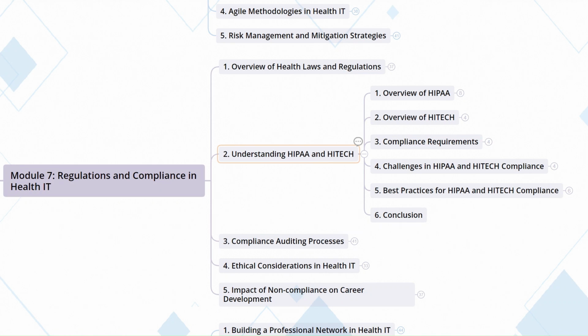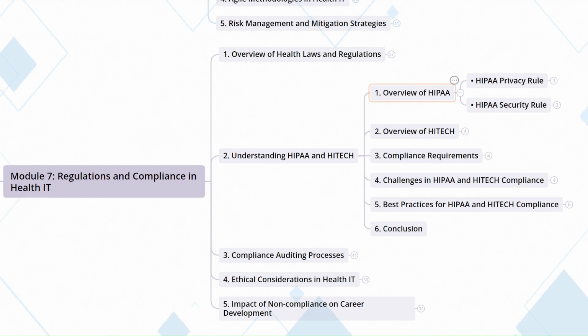Understanding these regulations is crucial for health information technology, also referred to as health IT, professionals, as they dictate how health information can be managed, shared, and protected in healthcare environments. This module provides a detailed explanation of HIPAA and HITECH, outlining their key provisions, requirements, and implications for health IT.